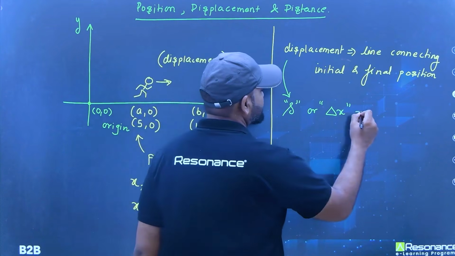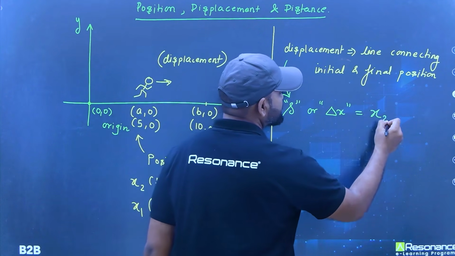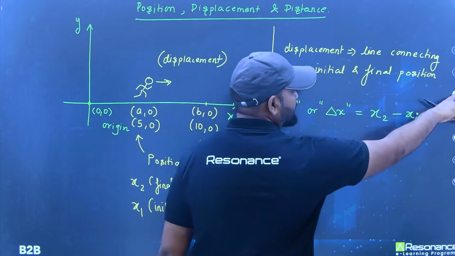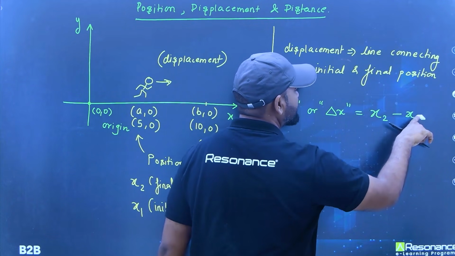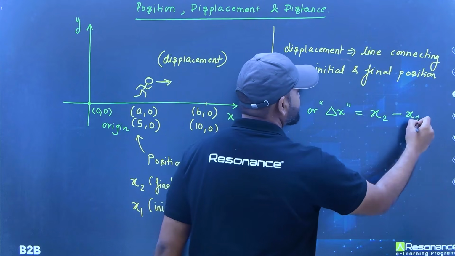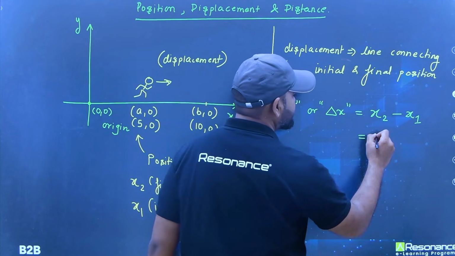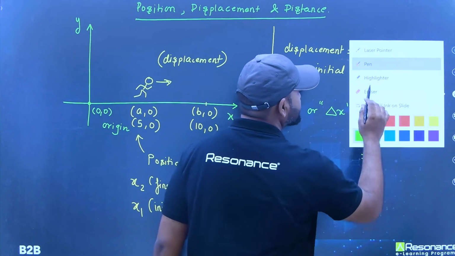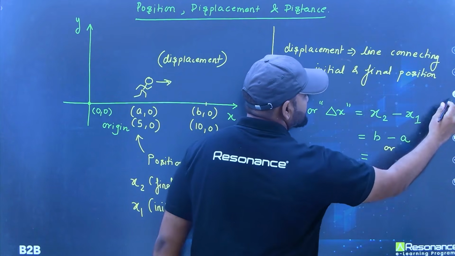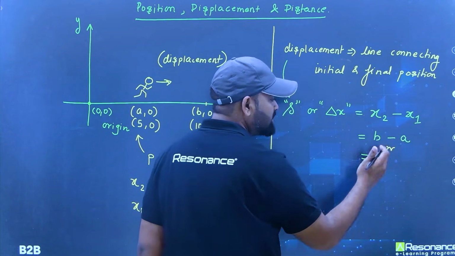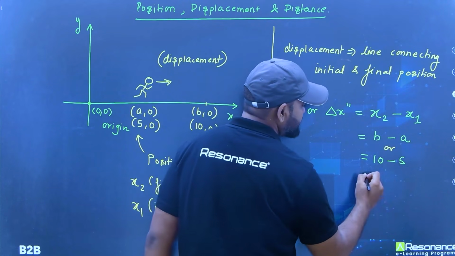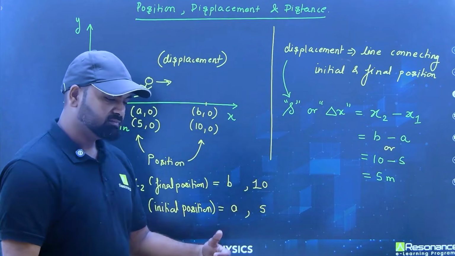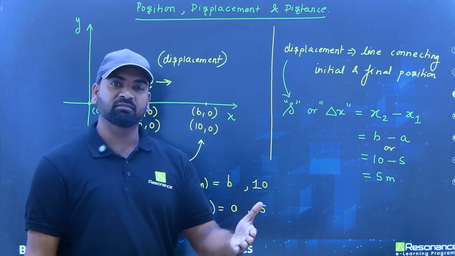So displacement here is the final position minus the initial position: x2 minus x1. If you're using variables, b minus a, or if you're using numbers, then it is 10 minus 5, which is 5 meters if you have taken the unit as meters. So there you go, that's displacement in very simple terms.